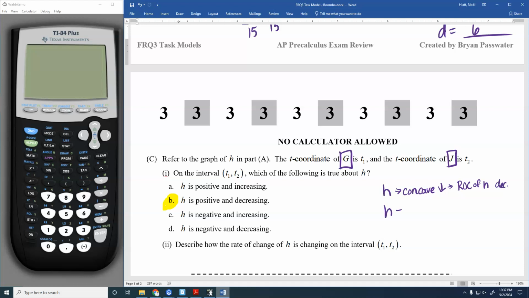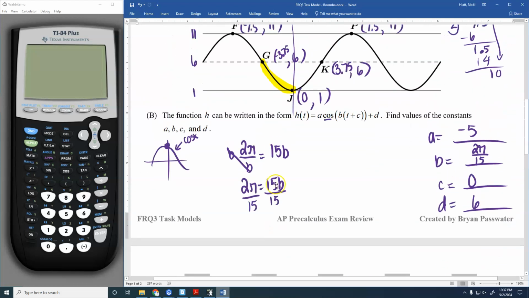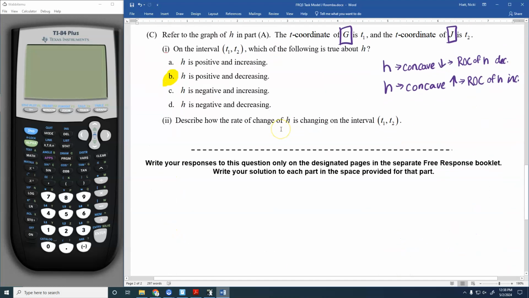And if H is concave up, then rate of change of H is increasing. So they're asking us about the rate of change of H. If we know about concavity of H, then we can answer this question. What do we have there? Is that concave up or down? Up. That's concave up.